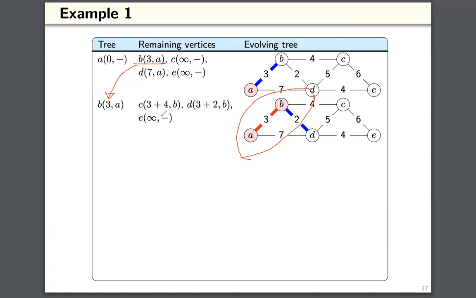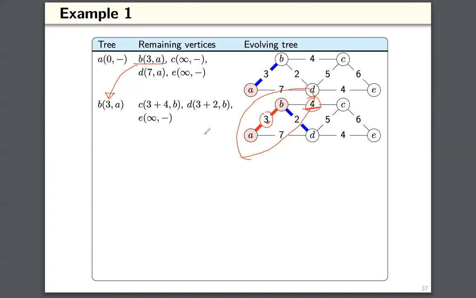C is at a distance of 4 from B. B is at a distance of 3 from A. So C is reachable, so C's distance will be updated as 3 plus 4, and its parent vertex is B. It cannot connect to A, right? It's impossible because there is no direct edge between C and A. It has to connect to B here.